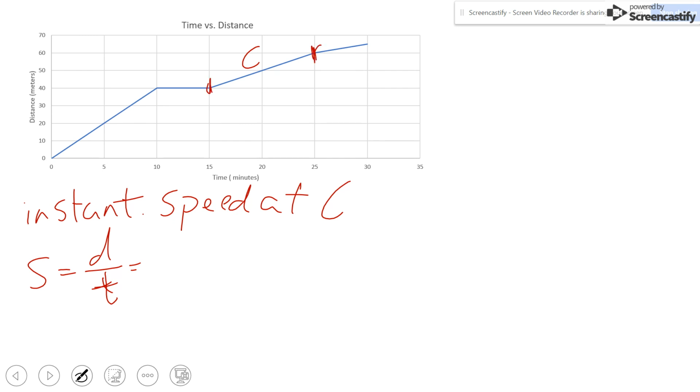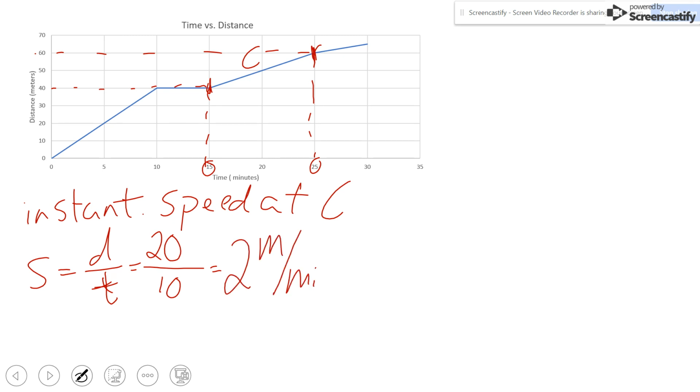Our starting distance is 40 and we are ending at 60, so you subtract those two numbers. Moving from 40 to 60 is 20 meters. Then for how long it took, we're starting at time 15 and ending at 25, so that is a 10-minute time frame. 20 divided by 10 is going to be 2 meters per minute.